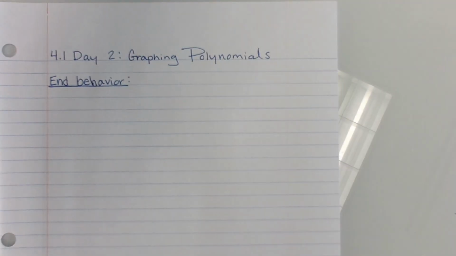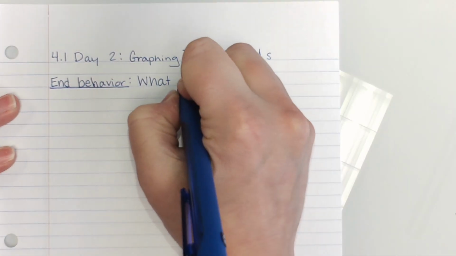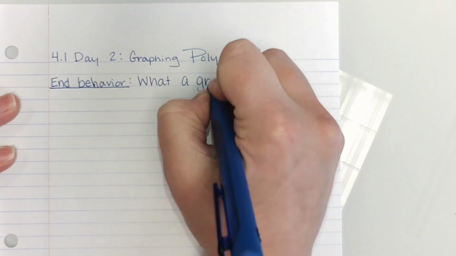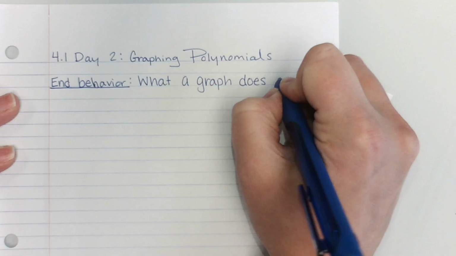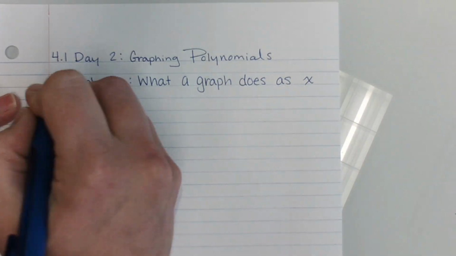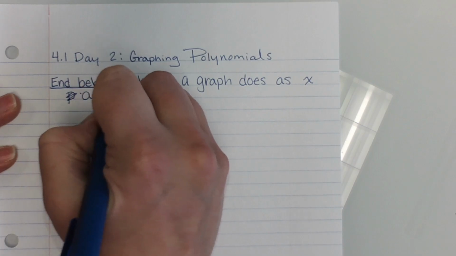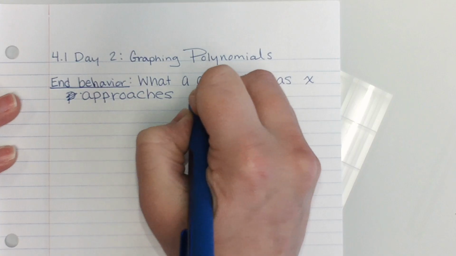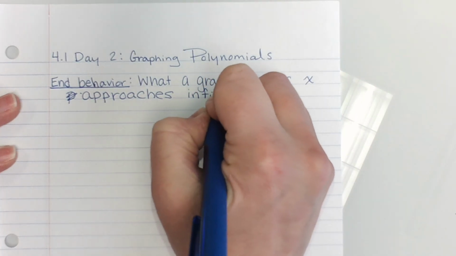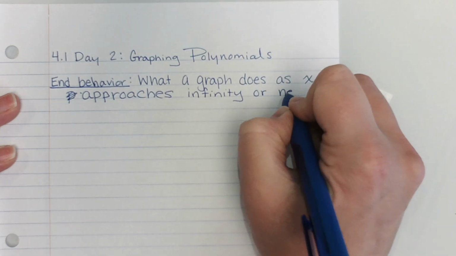End behavior is what happens on the far ends of the graph, or what a graph does as x approaches infinity or negative infinity.